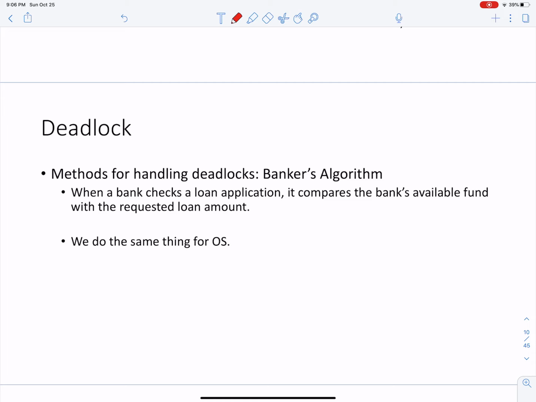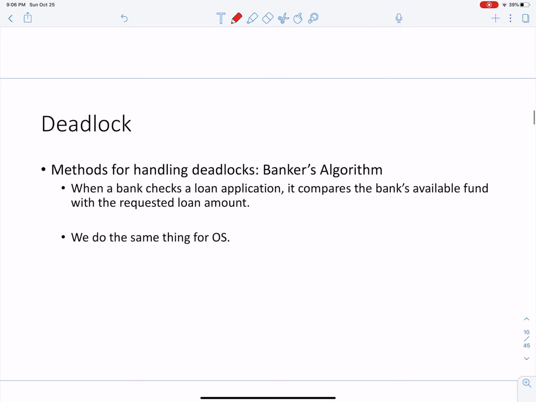Say that when some people request a loan or mortgage from a bank, the bank needs to check whether it has sufficient funding at hand to approve this transaction. If yes, they will approve it. Otherwise, it's going to be a straight reject. So the banker's algorithm really means that we need to check before we make a decision.